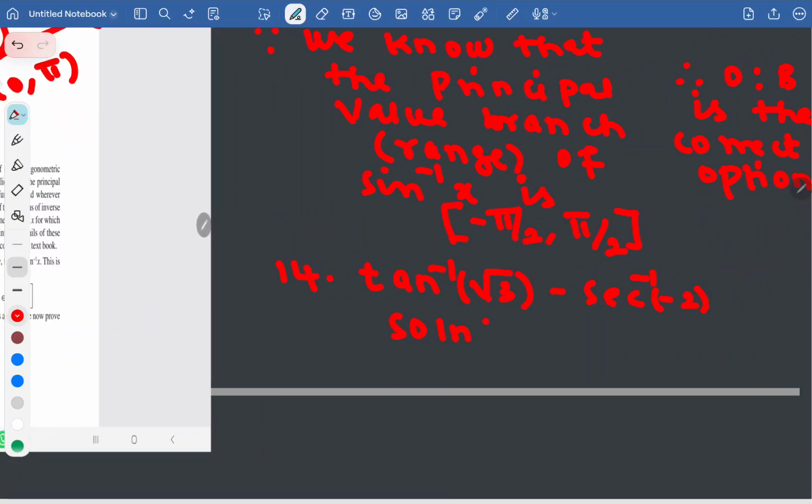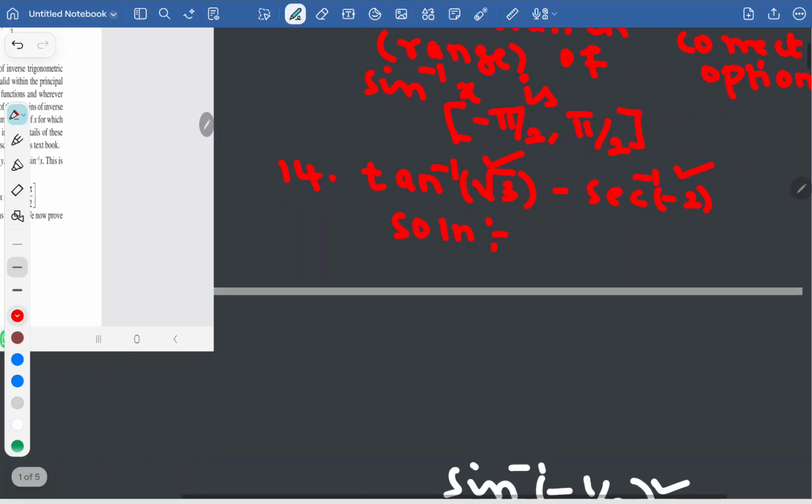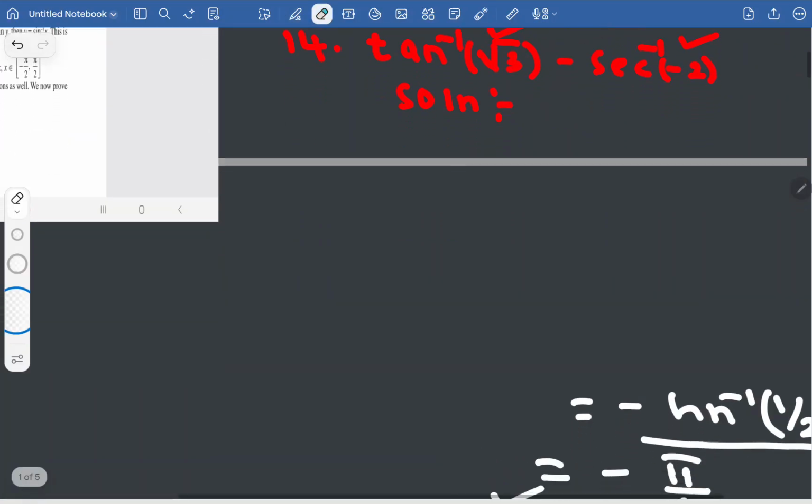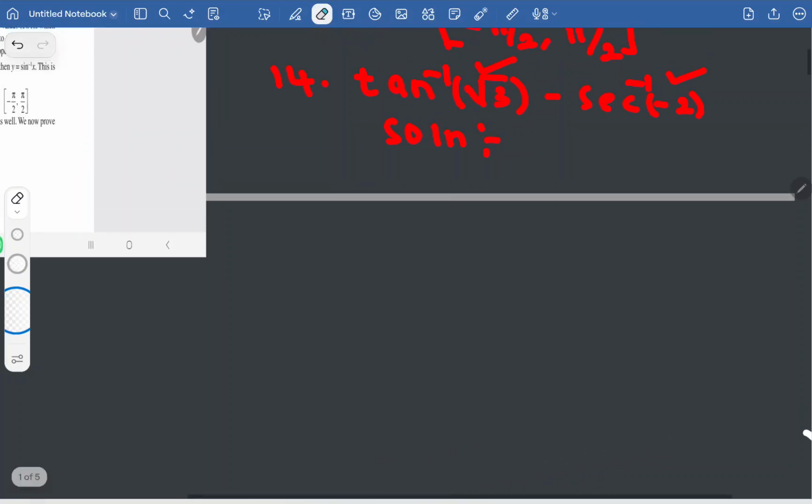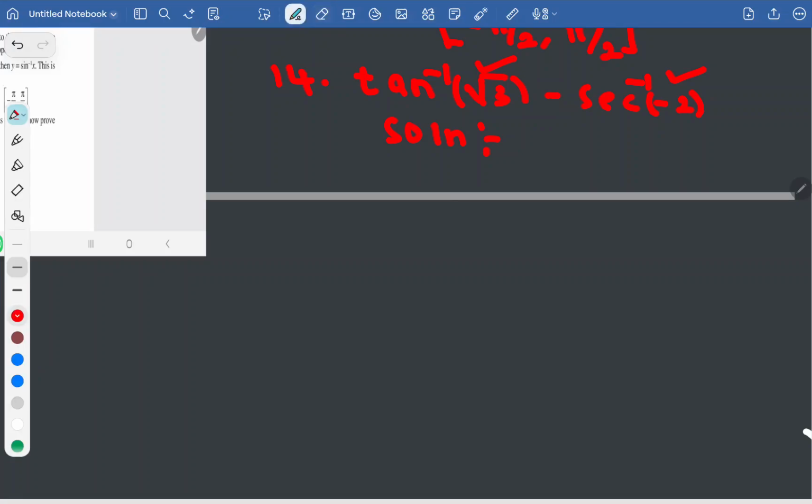Solution: find the value of tan inverse of root 3 and secant inverse of minus 2 separately, first of all. First find tan inverse of root 3. It is a positive one.